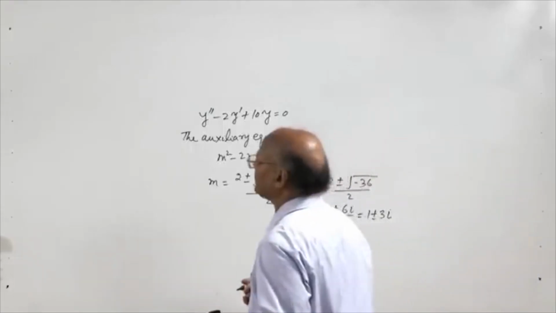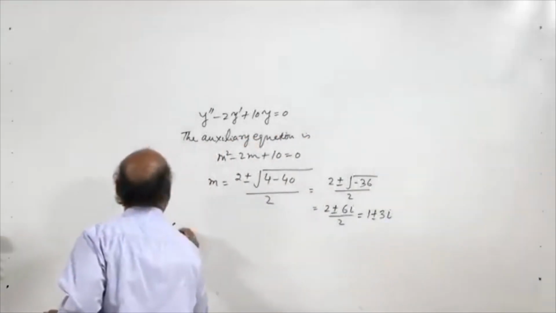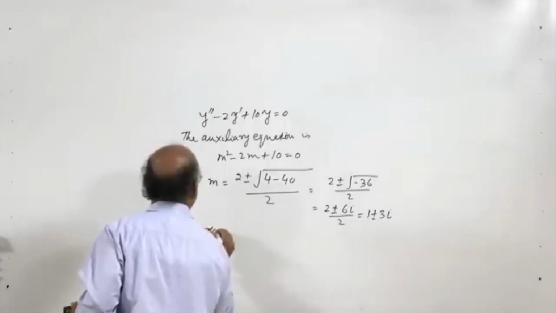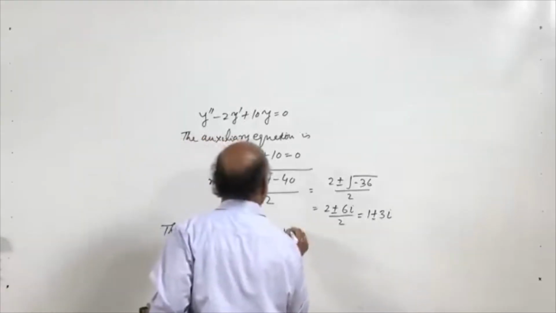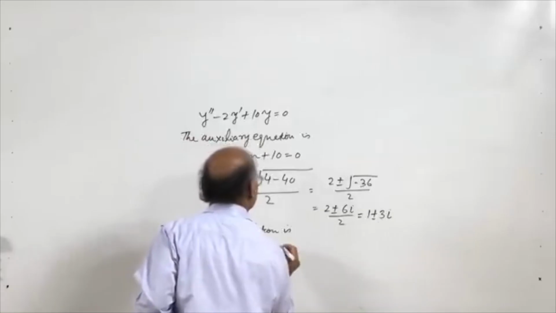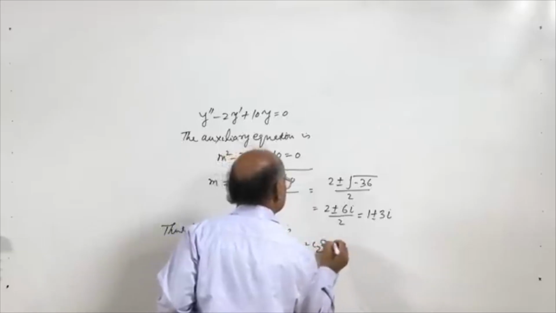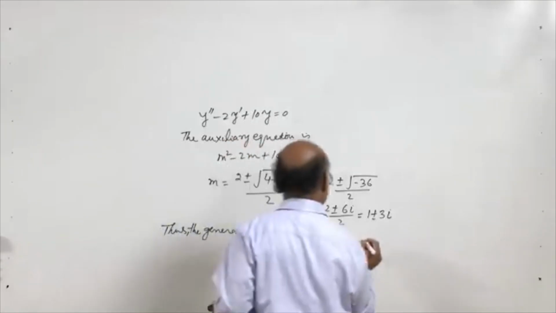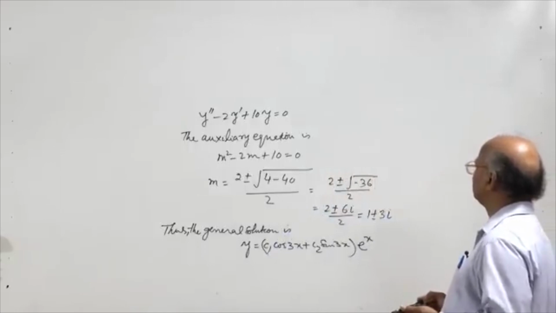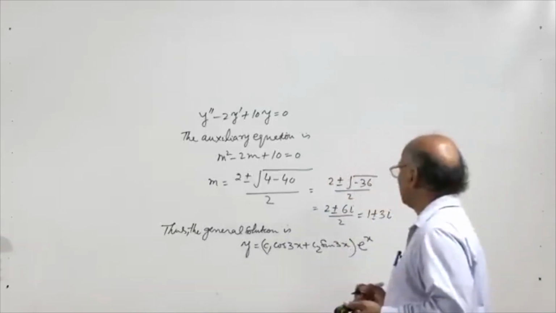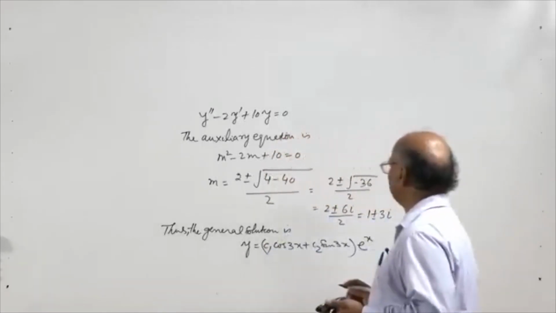So if you compare it with alpha plus minus i beta, alpha is 1 and beta is 3. So we can write the general solution. y equal to e to the power x into C1 cos 3x plus C2 sin 3x, where C1 and C2 are two arbitrary constants. Now with the given initial conditions, we shall determine the values of C1 and C2.